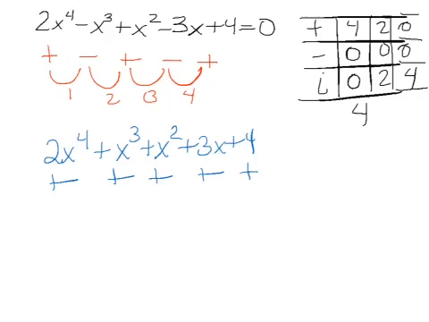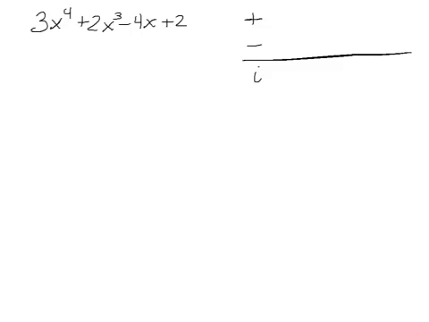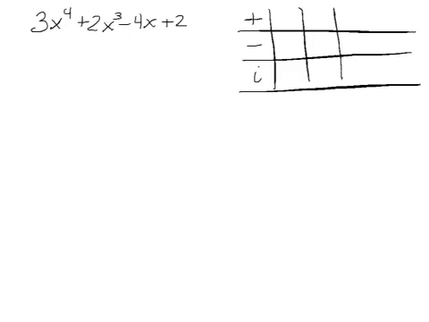How about one more? What about, let's do 3x to the 4th plus 2x cubed minus 4x plus 2. We put in a positive.